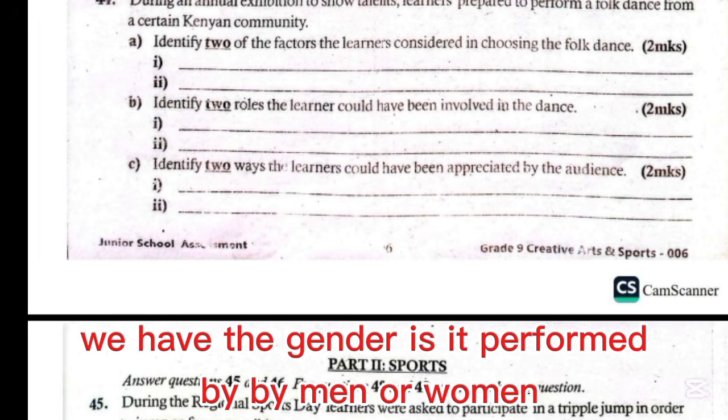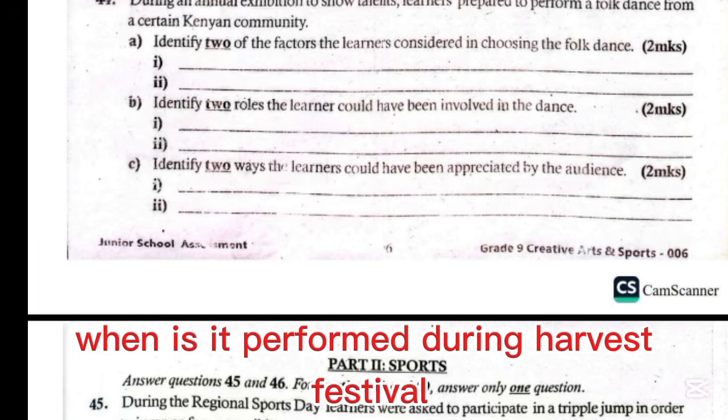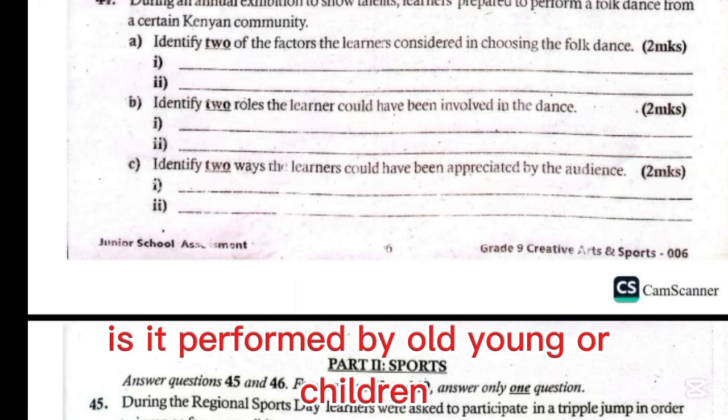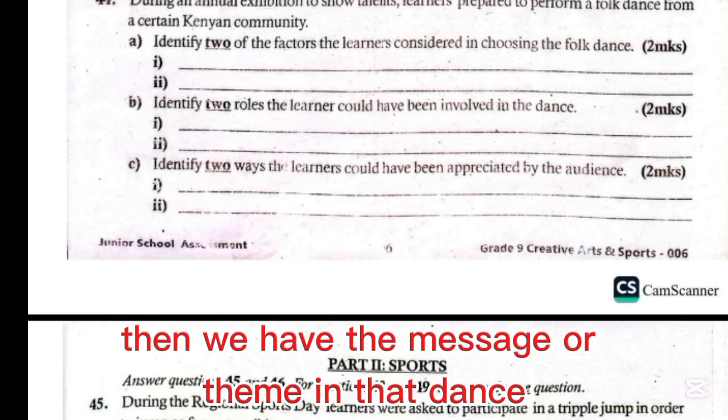Factors to consider when choosing a folk dance are the origin or community of the folk dance; the gender, whether it is performed by men or women; the occasion, when it is performed, such as during harvest festival or marriage; the function; the age of the performers, whether old, young, or children; and the message or theme in that dance.